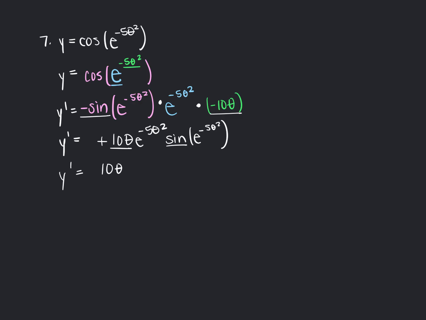Sine, since sine is not being raised to a negative exponent, is going to stay up top. But that argument, e to the negative 5 theta squared, I can write as 1 over e to the 5 theta squared. And this will all be over e to the 5 theta squared.